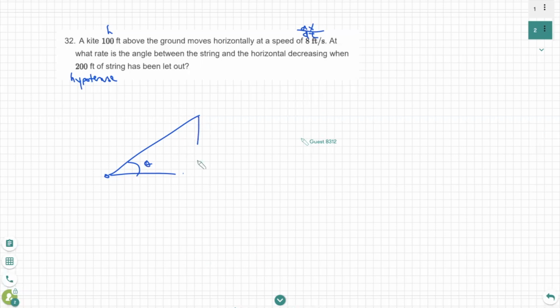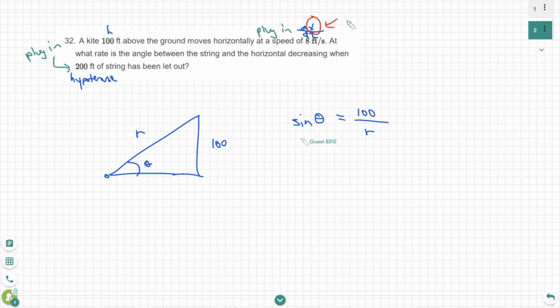So we'd have to use cosine here, I want to say. Or sorry, sine: opposite over hypotenuse. What do they tell us? They tell us dx over dt. So x is what you have to put the equation in terms of.